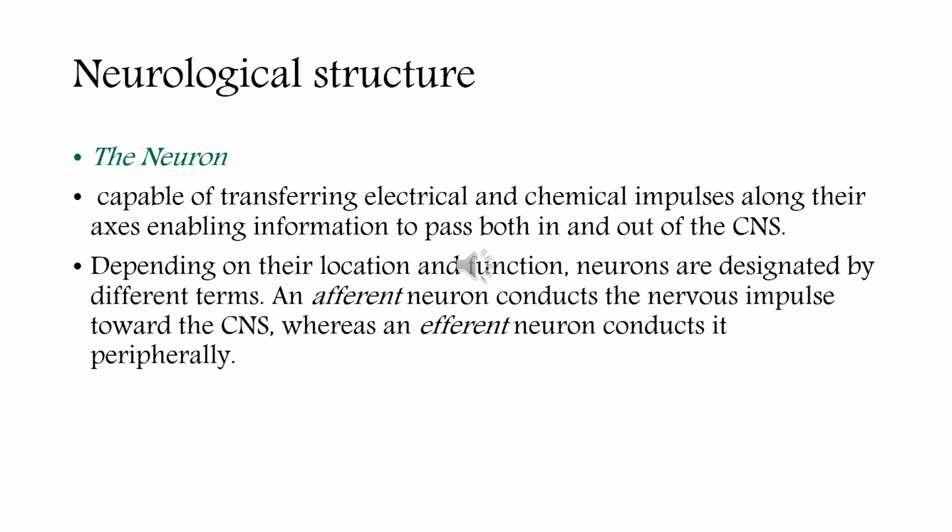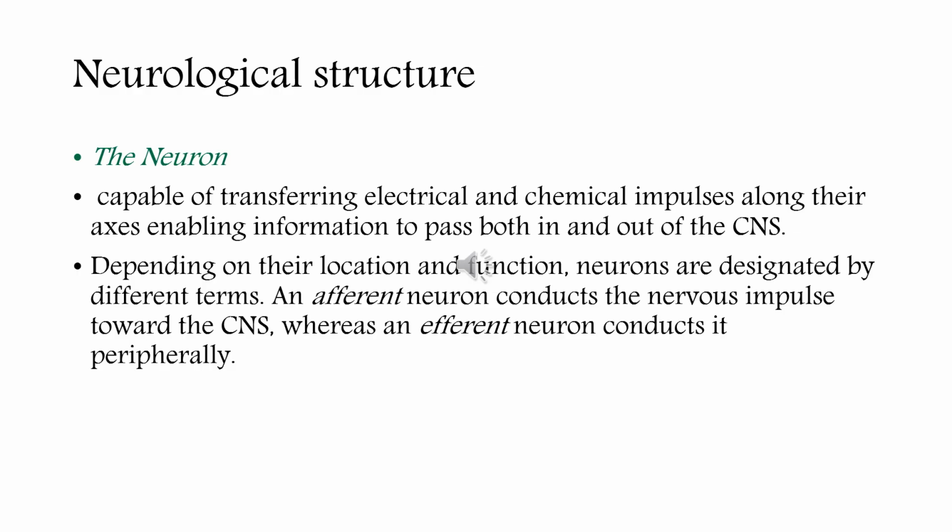So neurons are the structures in the body responsible for moving the signal, electrical and chemical impulses, along their path from the periphery to the CNS and from the CNS to the periphery.